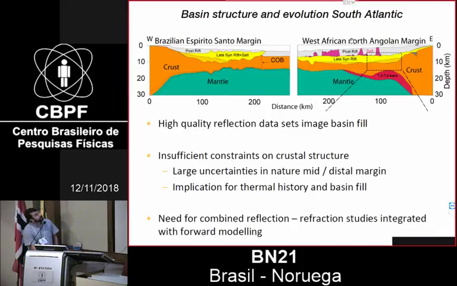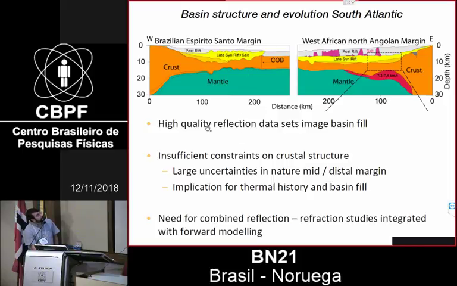In the case of the South Atlantic, as has been shown before in the first talk of this afternoon, we have different possibilities of interpretation of the nature of the deep structure, either in the African margin or in the Brazilian margin.